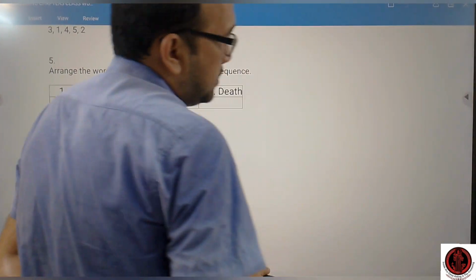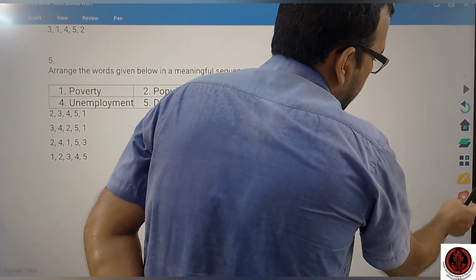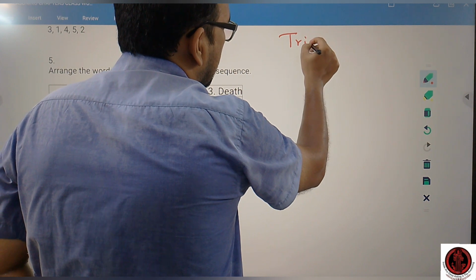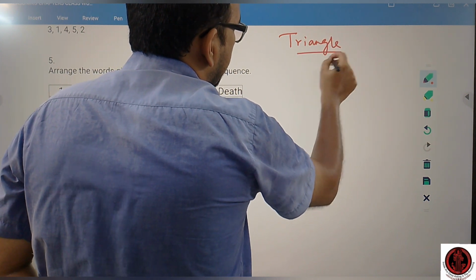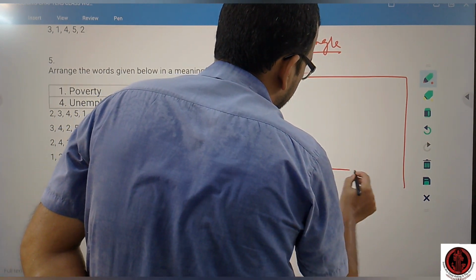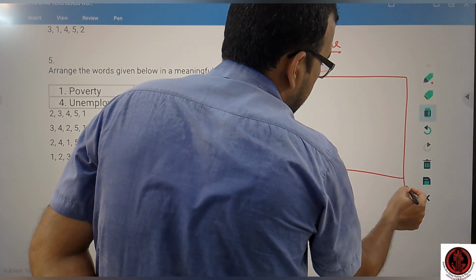Okay. So in figure counting, one more thing is there, that is triangle. Now suppose this is the diagram.